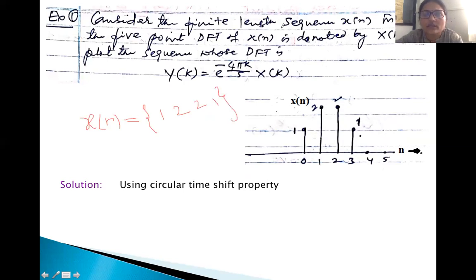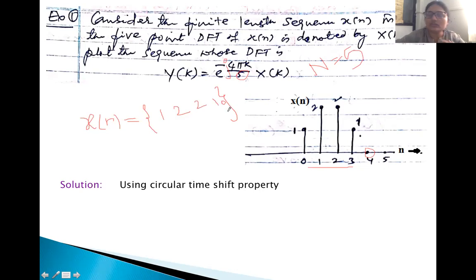Now in this input sequence, the sequence in the frequency domain gets multiplied by an exponential part, e raised to minus j 4 pi k upon 5, which means the total number of points is 5. Here 0 1 2 3 is 4 points, so we should consider one more point, because here it is divided by 5. The value of capital N is 5. So I am going to take one more 0 value here.